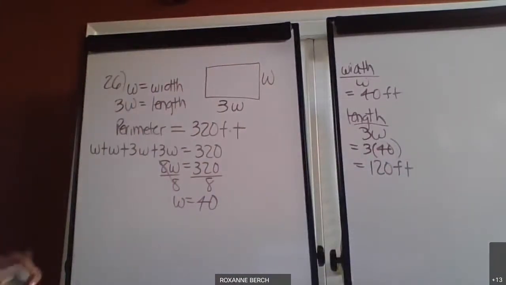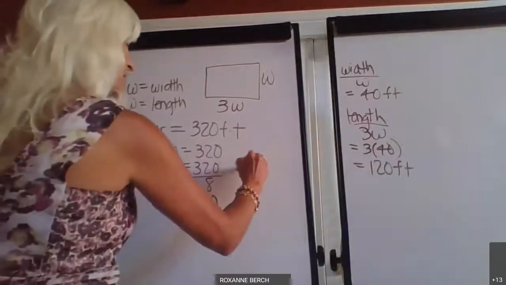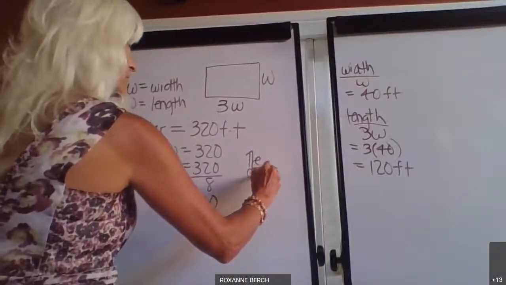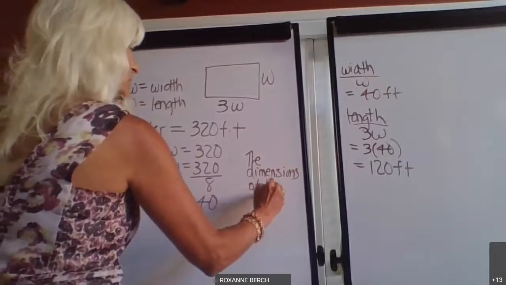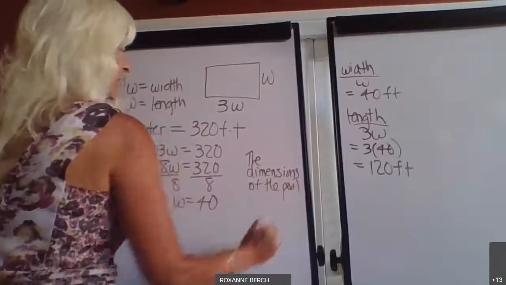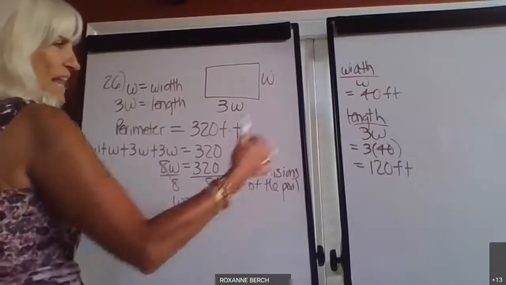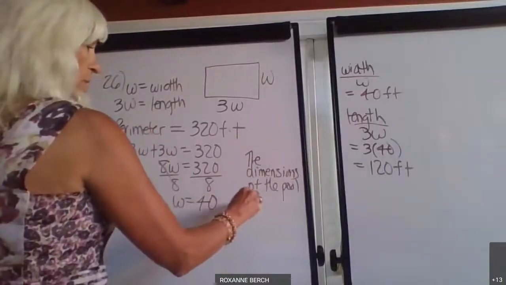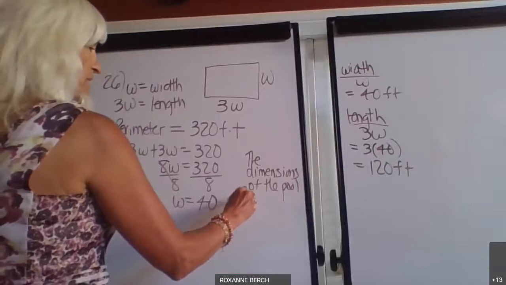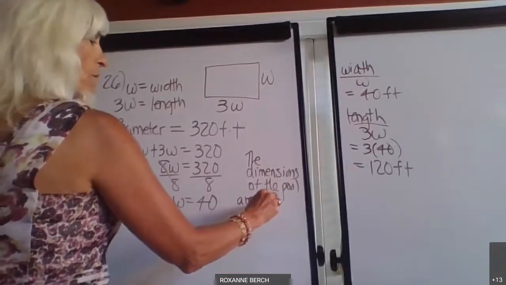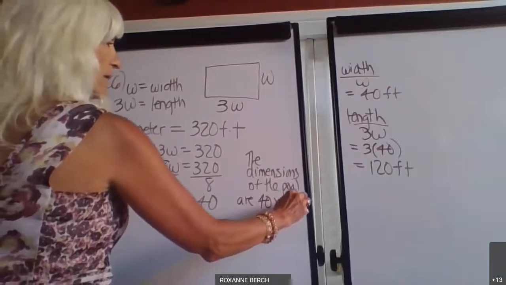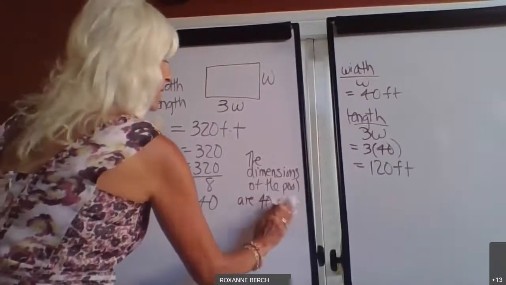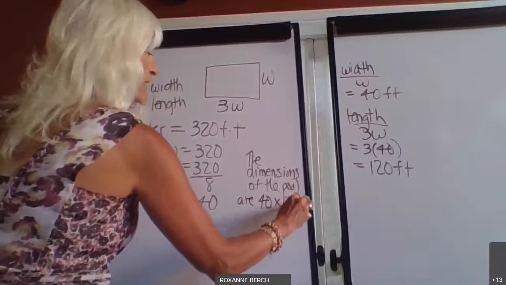So our answer would be the dimensions of the pool, and we could say it like this if we wanted to. The dimensions are 40 by 120 feet.